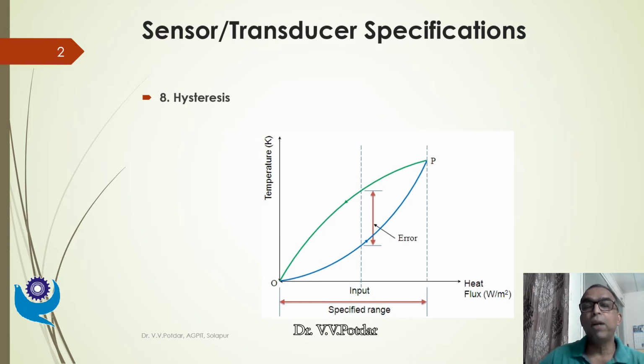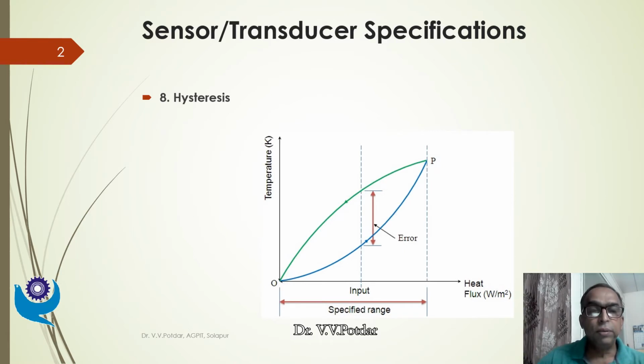But practically, what happens is, for this particular position, let us say maybe some 80 watt per meter square heat flux, I was getting a temperature of say 100 Kelvin, just as an example, when I was taking reading in ascending order.